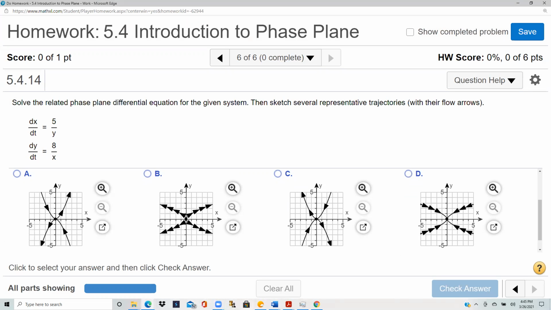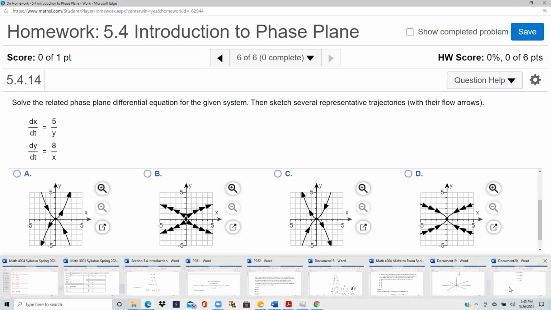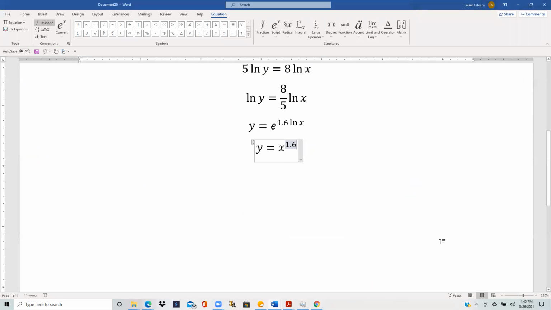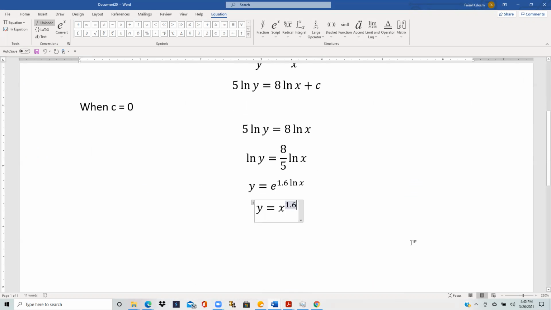So let's go back to the solution. Let me see how this one comes up. y is equal to x power 1.6.